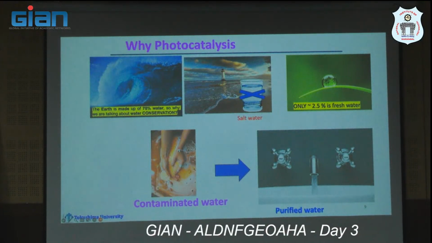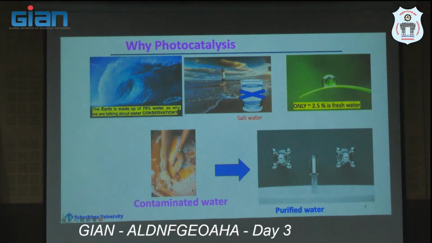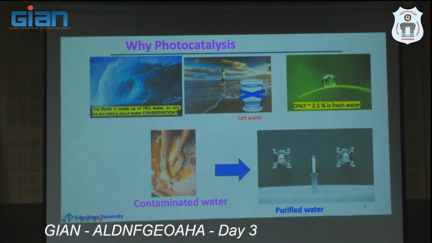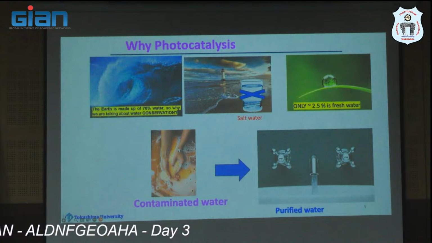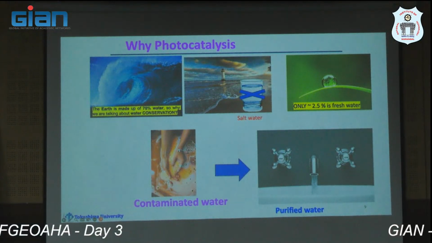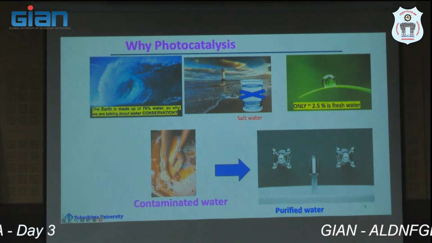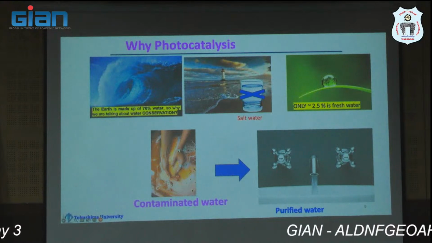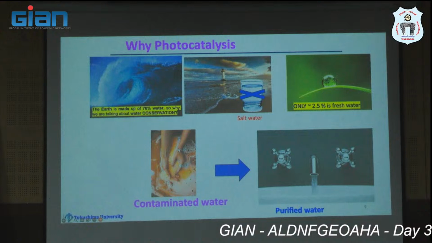We might use the cleaning water again and again. There are several processes, but seawater is not useful for us, not for drinking, not for any kind of cleaning purpose. So the remaining 2.5% is water that can be used for drinking and cleaning purposes.